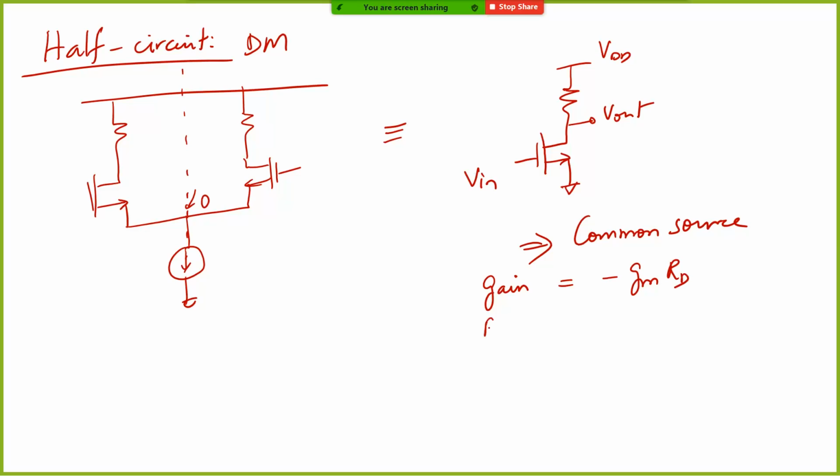And output impedance, R out, is basically RD parallel to R naught, which typically can be nothing but RD, and then bandwidth, and then noise, input referred noise, the linearity. All these things we have already seen.